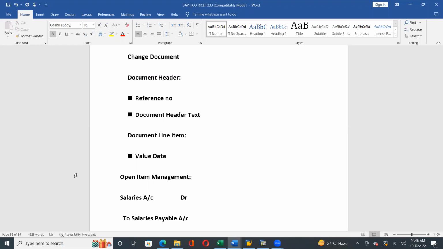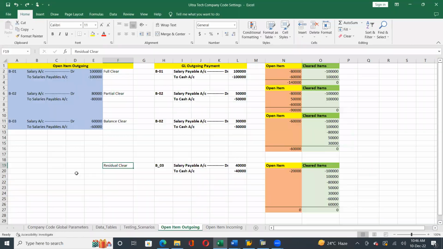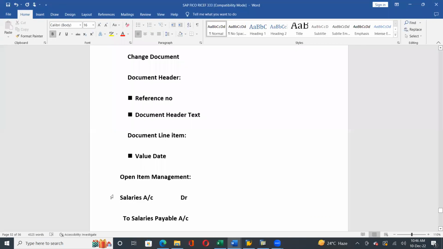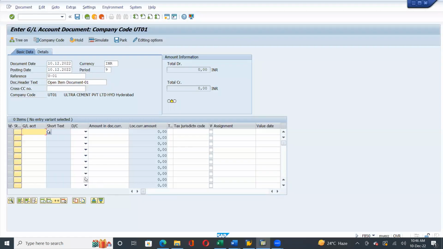Clear? You remember last week we discussed full clear, partial clear, and balance clear. So the first part I'm going to do now: salary account debited to salaries payable account. Fine.